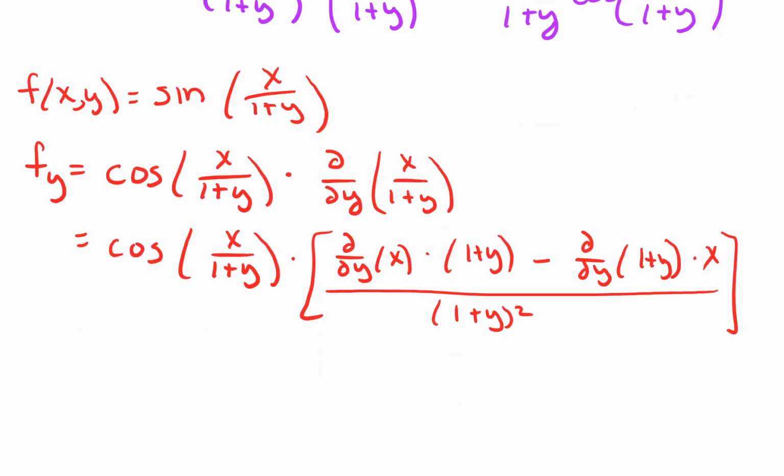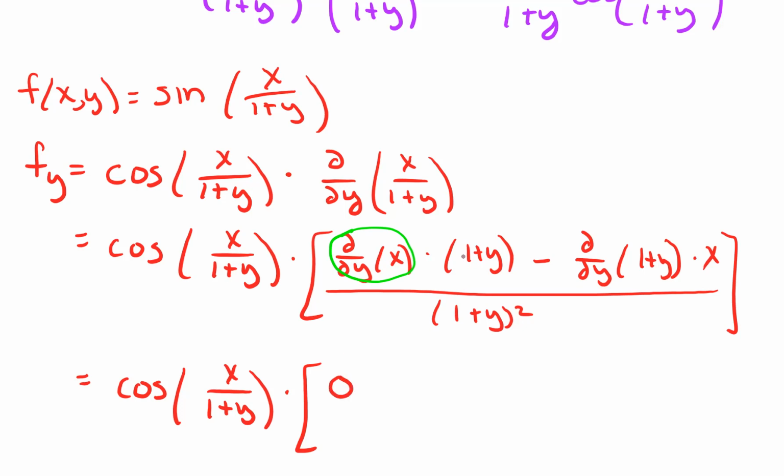Cleaning this up a bit, we've got cosine of x over 1 plus y times the derivative with respect to y of x. When we're doing partial derivatives with respect to y, x plays the role of a constant. So this piece right here is just going to be 0. And 0 times anything else is 0.